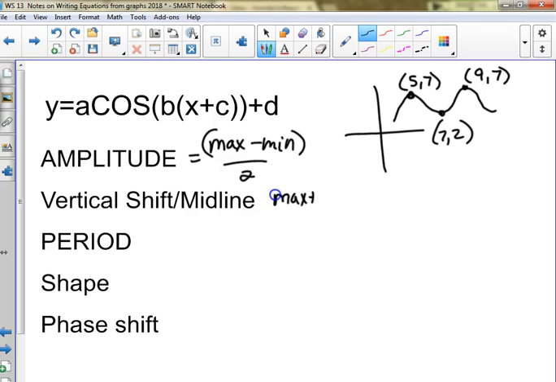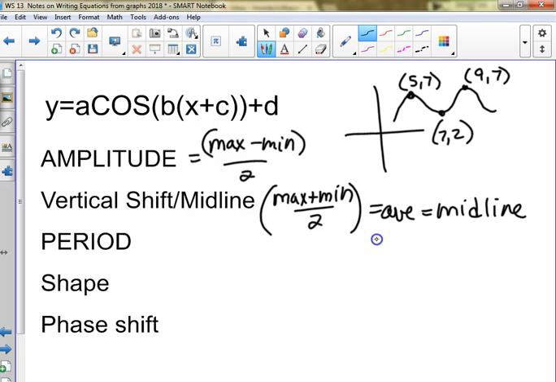So we're going to do max plus min divided by 2 to find the average, which is the midline. If you find that first, then the amplitude is just how much further up or how much further down it goes from that. Okay? Are we talking y values or x values when we're doing these?